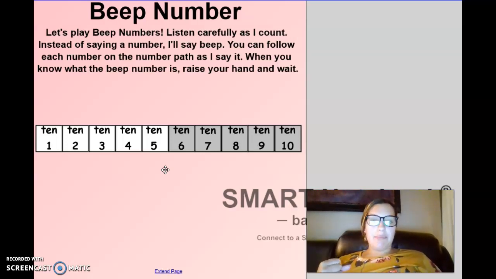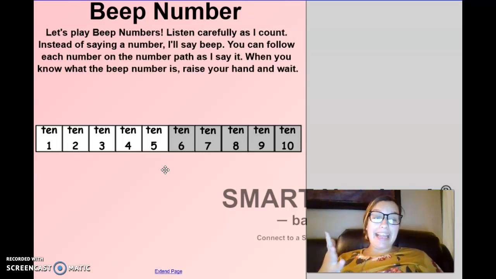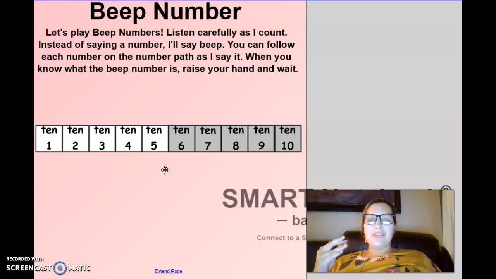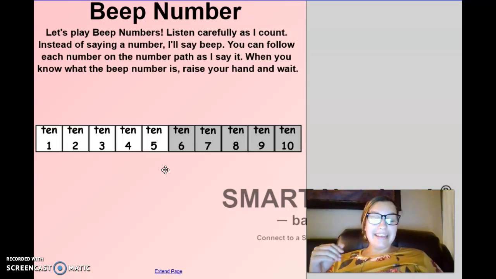So we're just going to count up by ones pretty much. 1, 2, beep. 3, very good. 1, 2, 3, 4, beep. 5, very good. 1, 2, 3, 4, 5, 6, 7, beep. 8, very good. 1, 2, 3, 4, 5, 6, 7, 8, 9, beep. 10. 1, beep. 2. You guys are getting so good. I may have to add a subitizing video in here for us to do.